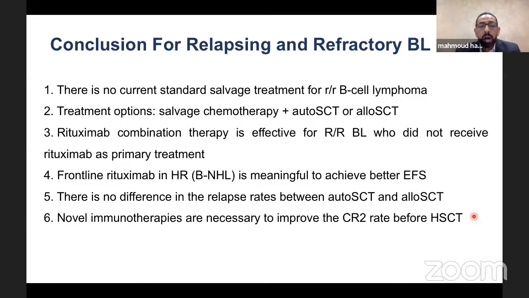Frontline rituximab in high-risk B non-Hodgkin lymphoma is meaningful to achieve better event-free survival. Actually, there is no difference in relapse rates between autologous and allogenic stem cell transplant, and we need novel immune therapy to improve the second complete remission rates before moving to transplantation.